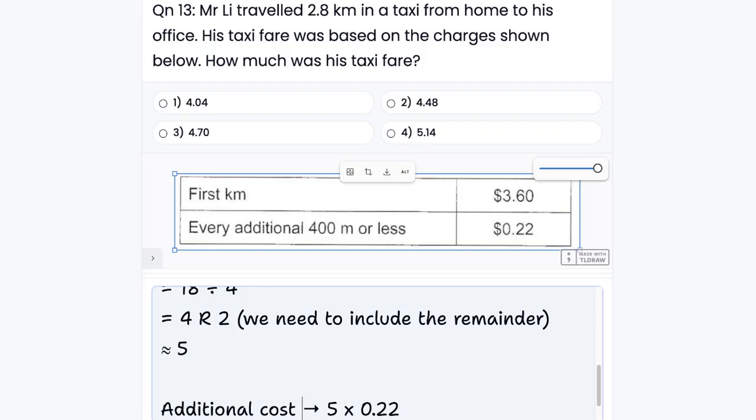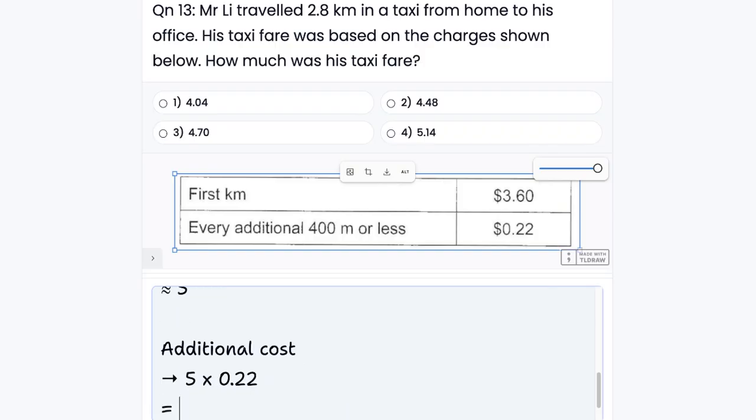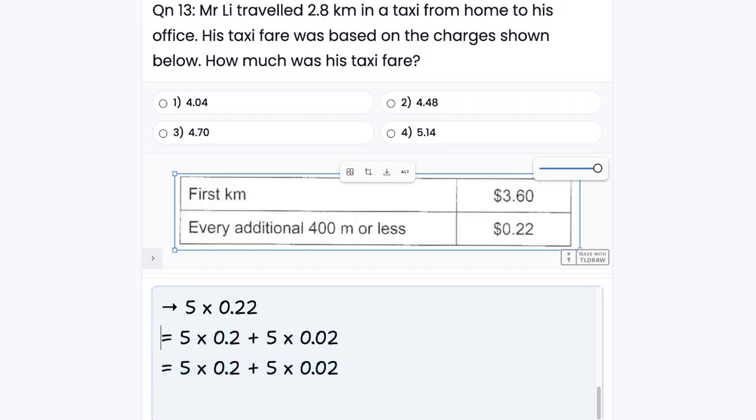Okay, so how do you calculate this? It's the same as 5 times 0.2 plus 5 times 0.02. If I were to break this down, it's just 0.2 plus 0.02, that's what I see over here.